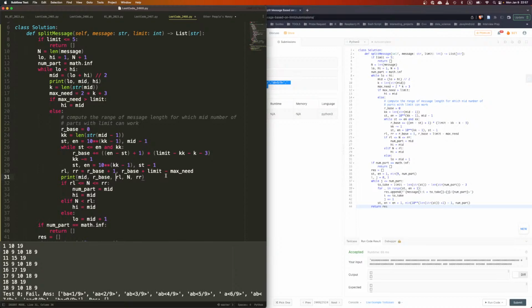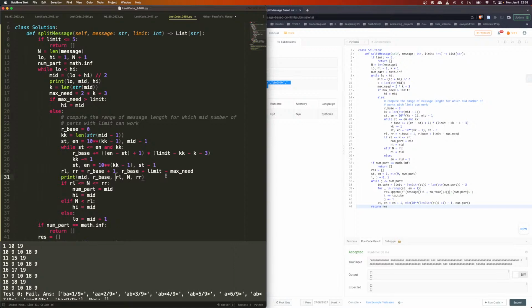N is what? N is 18, right? N is 18, and now the range is, it's not in between. The N is actually smaller. No, N is larger than the, hold on, the right is 10.